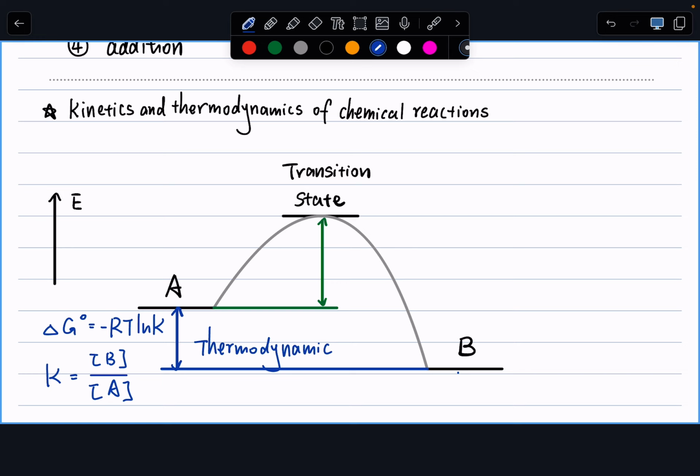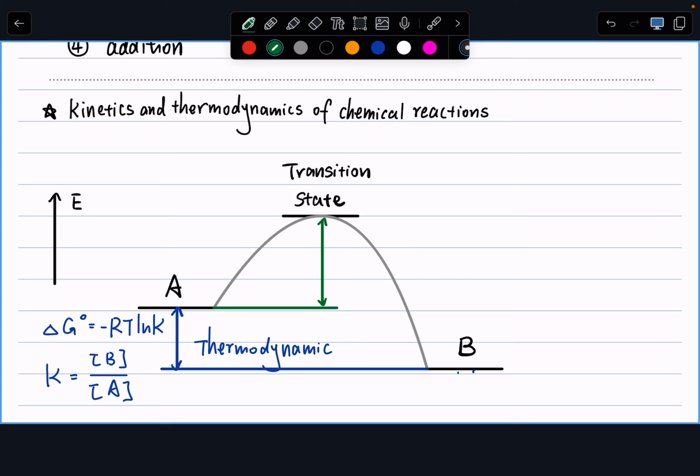All right, so that's thermodynamics. It tells you whether your product or reactant is the more stable species. However, only knowing the product B is thermodynamically more stable doesn't necessarily mean the reaction takes place.